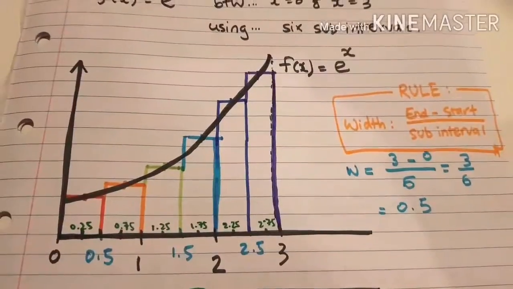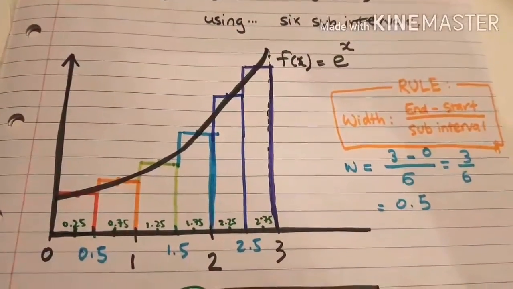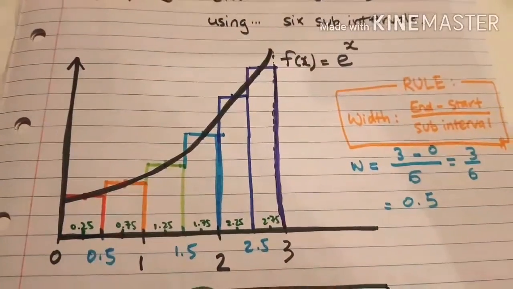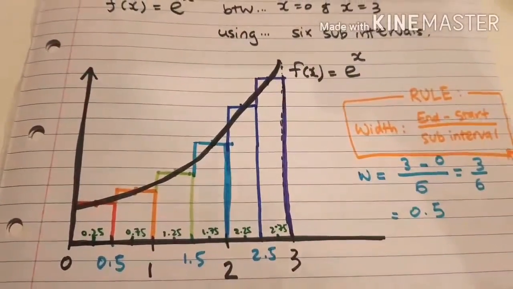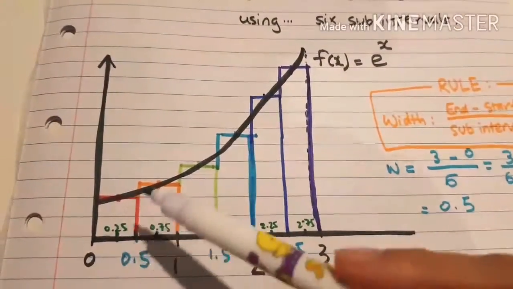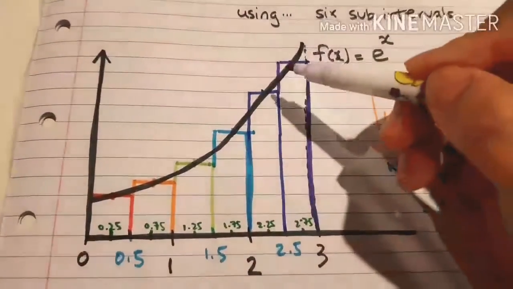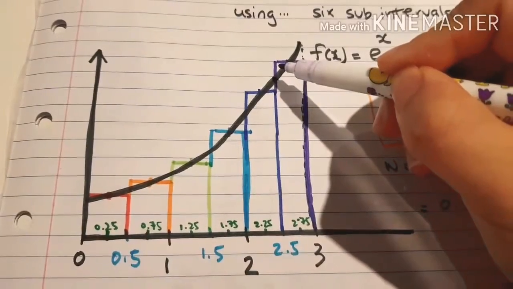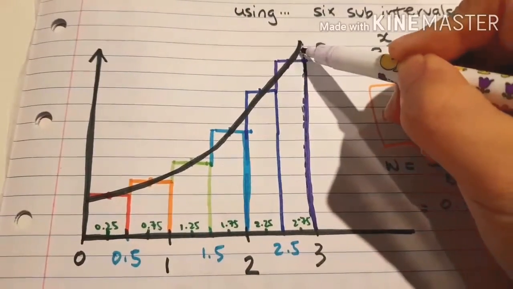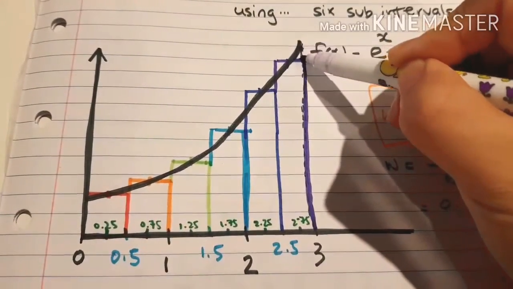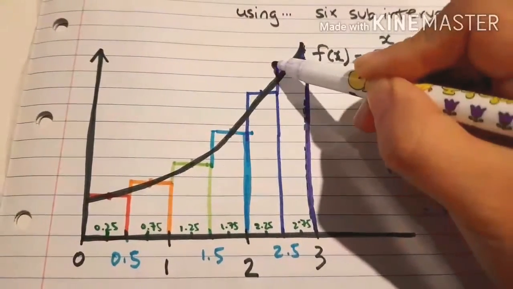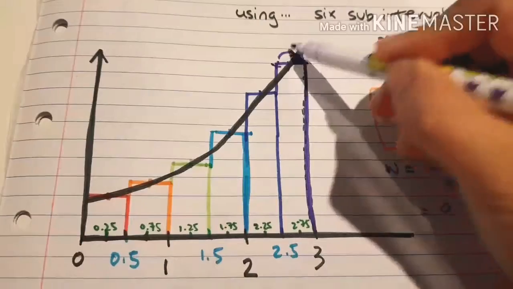Just like this. The logic of the rectangle rule is that it's the area under the curve, right? But this part is not under the curve. But if you transfer this part into here, this part and that part are very similar. So we're going to move this one and fill in here.